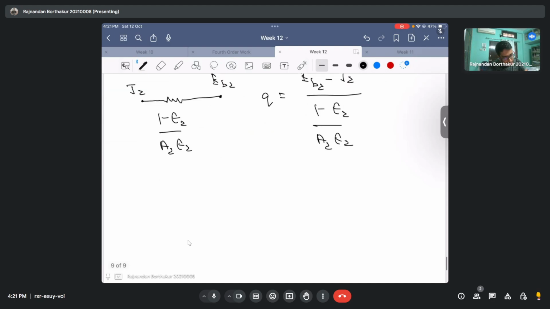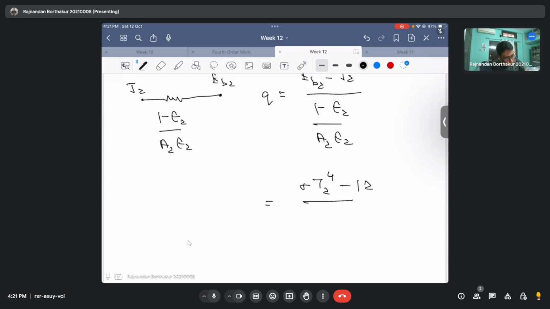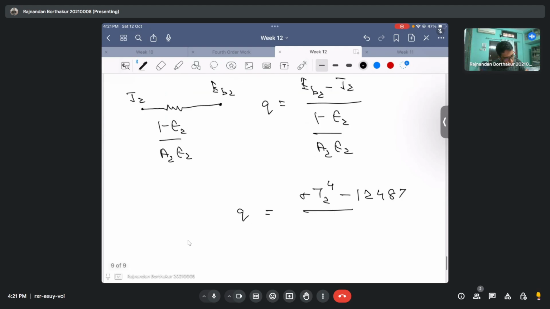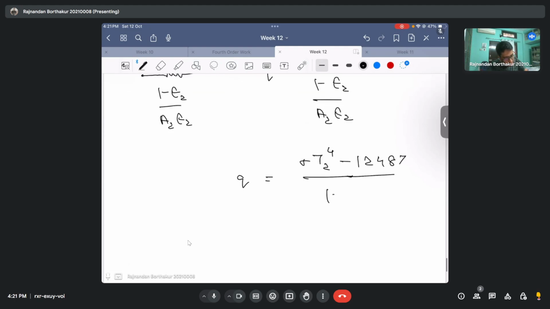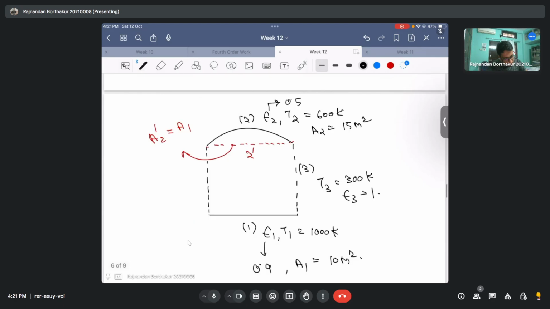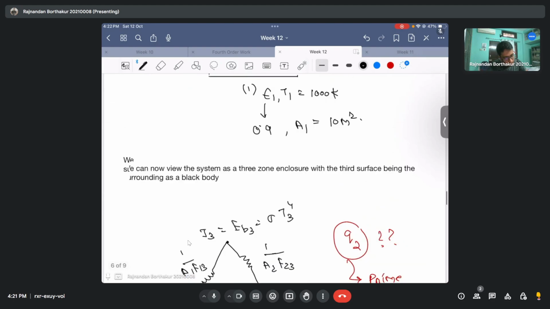If you just substitute all its values, because EB2 is sigma times T2 raised to the power 4, minus J2, which is already calculated, 12487. And 1 minus epsilon 2, epsilon 2 is given to be 0.5, and A2 is also given to be equal to 15, I guess.